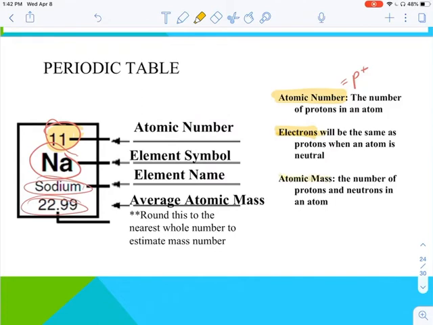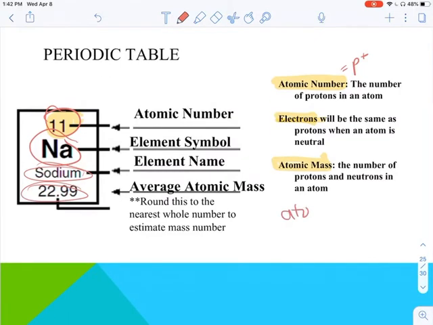Then the atomic mass is the number of protons and neutrons in an atom. So I like to write a little formula to help remind me. My protons and neutrons give us all the mass present in the atom. And we are always going to round this to the nearest whole number. You need to round it when it's asking you for the mass number.